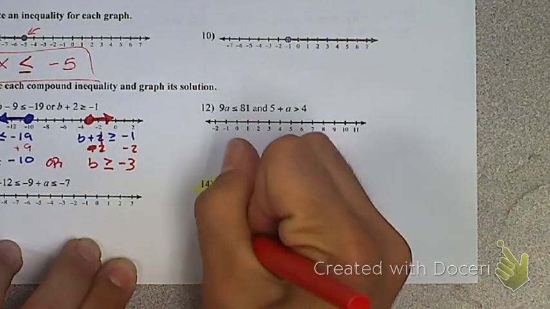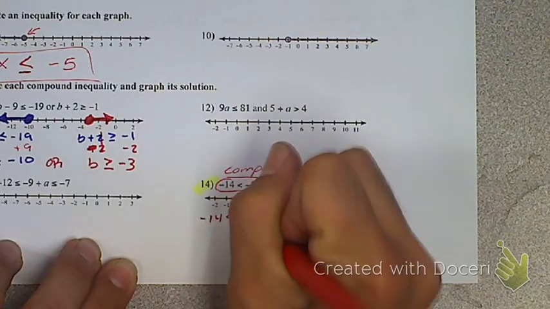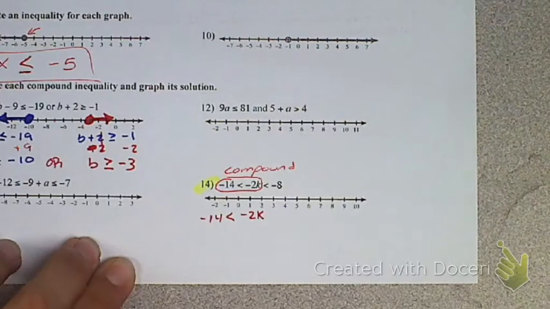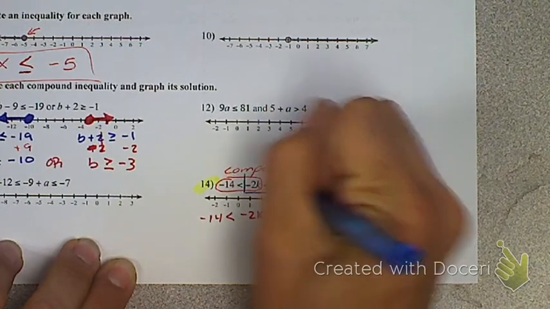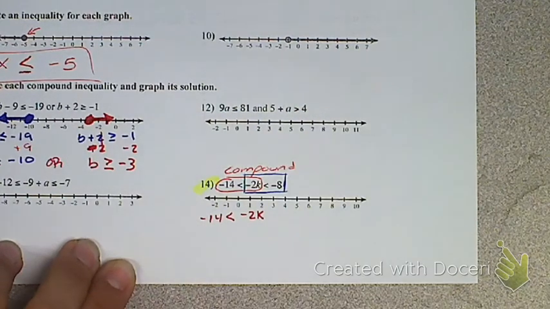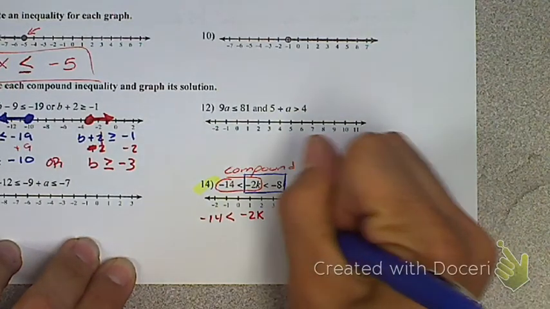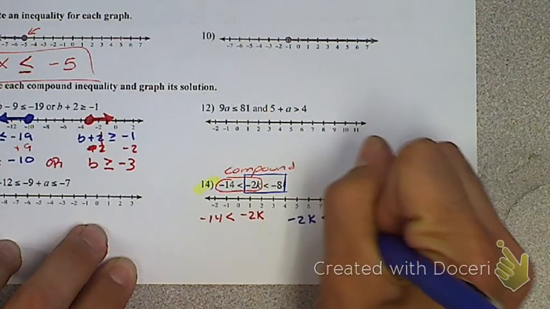So negative 14 is greater than negative 2k. And everything in the middle, so negative 2k again, to the right. So that says negative 2k is less than negative 8.